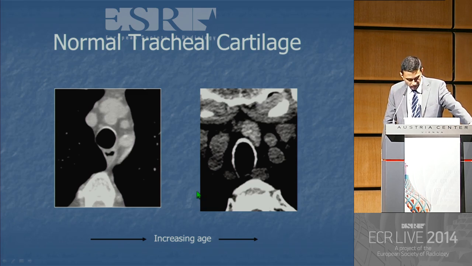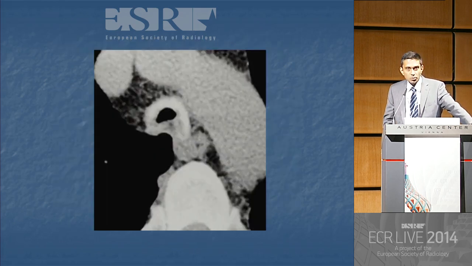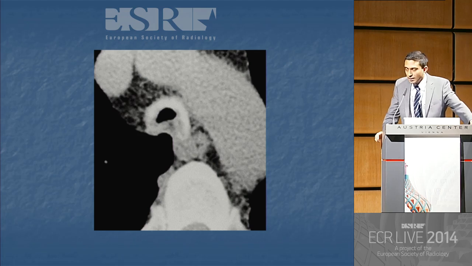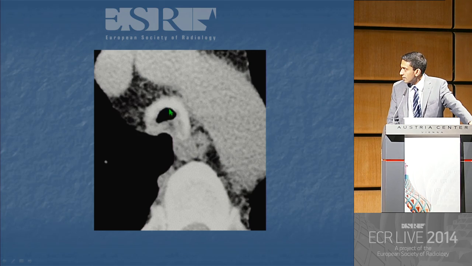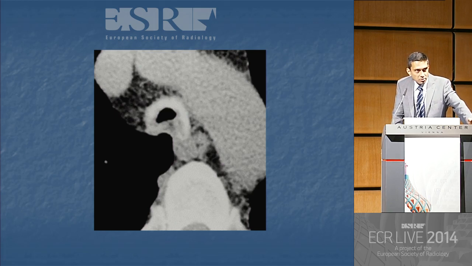There is one condition where it is important to look at the tracheal wall, and that's this case here, where you have very severe thickening of the anterior and lateral aspects of the tracheal wall. And this is, of course, relapsing polychondritis. In this condition, not only do you get tracheomalacia, you can also get tracheal narrowing or stricturing.